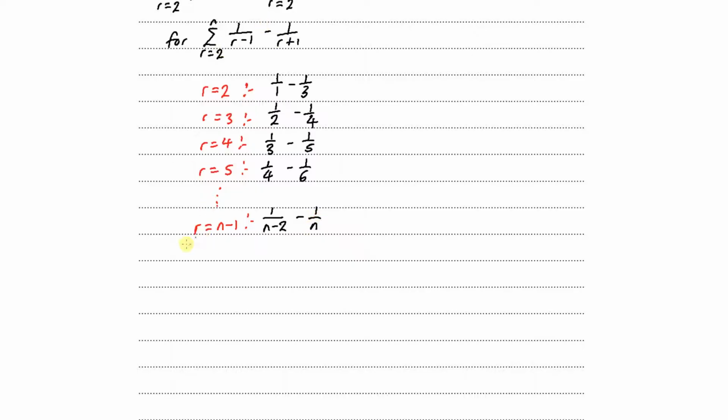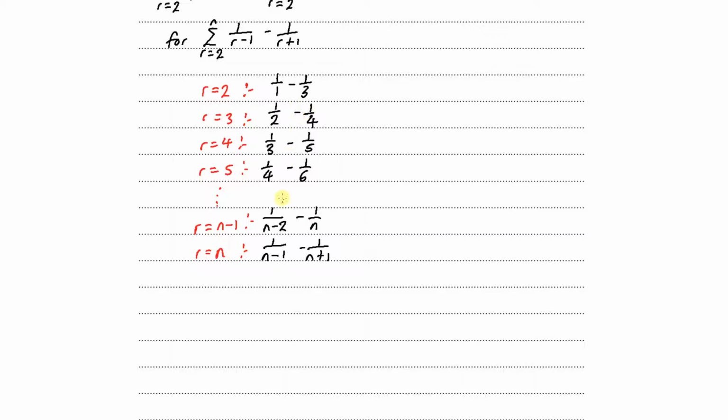And the last term of the series comes out when r is equal to n, which is 1 over n minus 1 minus 1 over n plus 1. Now these are some of the terms in this series. So we have the first 4 terms and the last 2 terms.